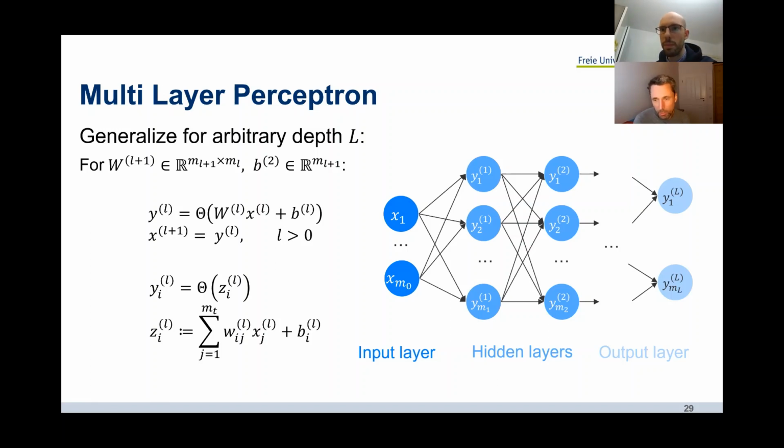And this is repeated, and you just have to observe that the weight matrices match the respective dimensions. Exactly. In a sense, this is just multidimensional logistic regression, or multiple multidimensional logistic regressions stacked on top of each other.